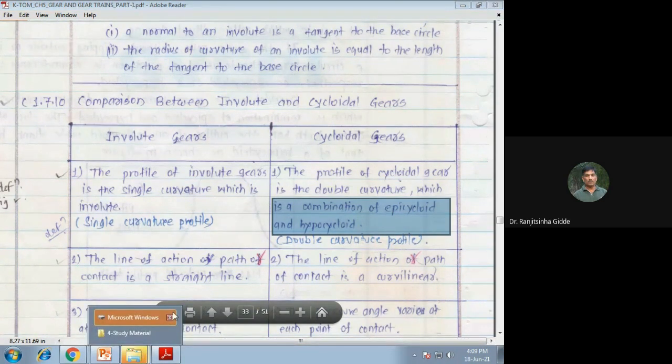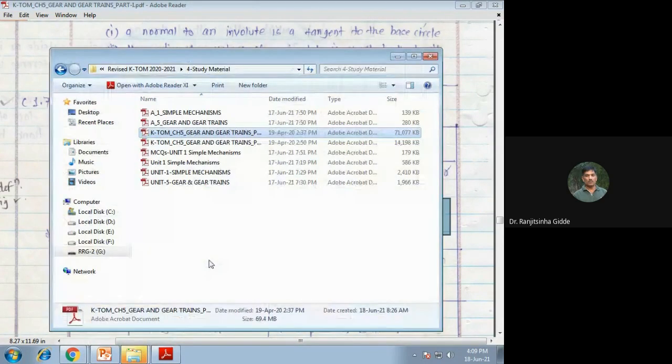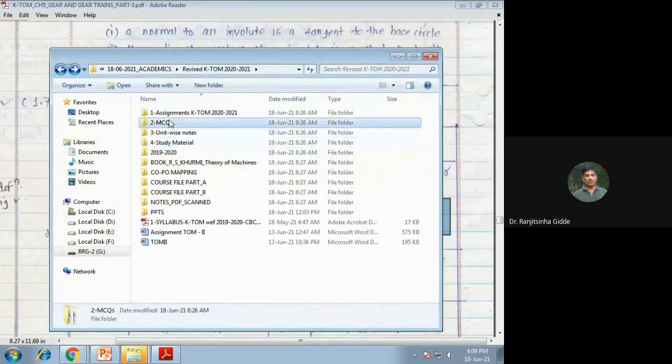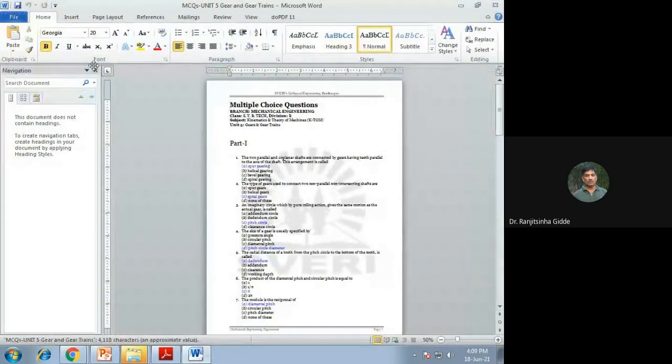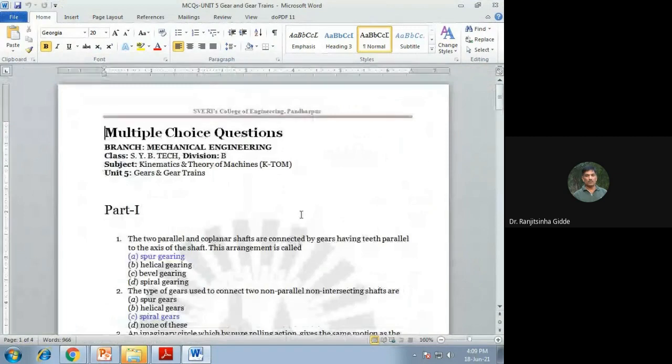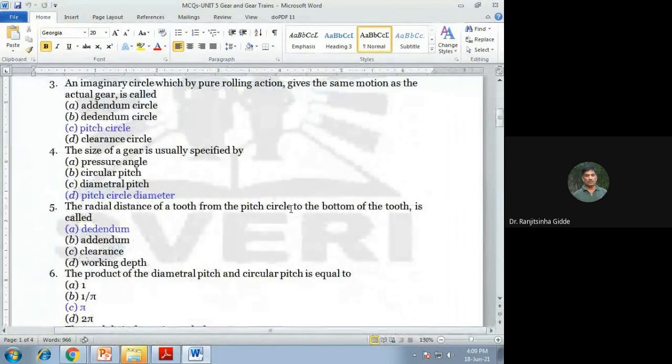Why am I telling this? Because if the examination is MCQ based, then just look at what type of MCQs will be asked.